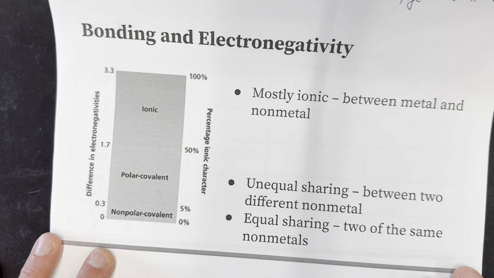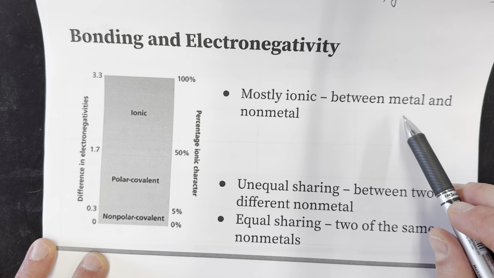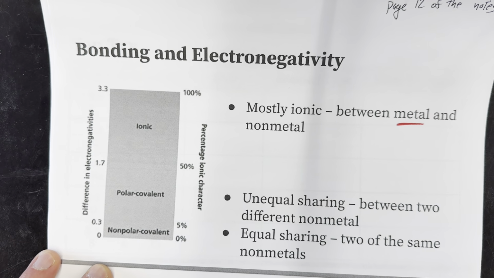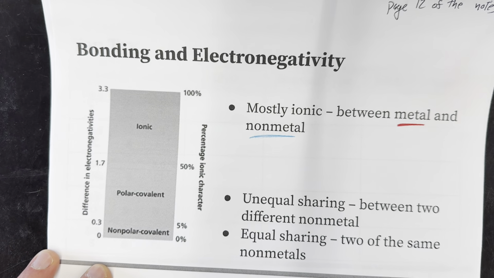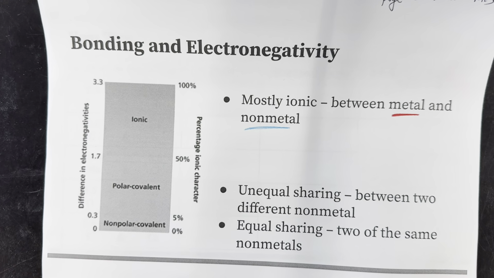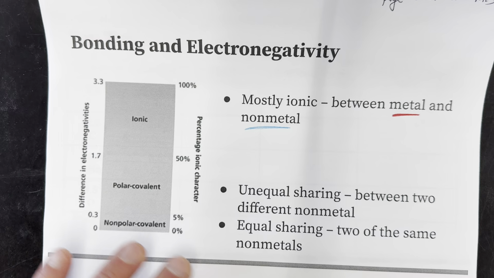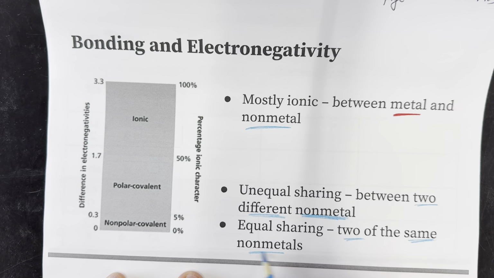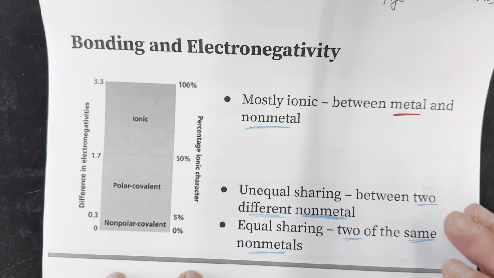Which is basically what's written here. So we have mostly ionic between a metal and a nonmetal. Usually metals are on the left side of the periodic table, and nonmetals are on the right side. Then we have the unequal sharing, which is polar covalent, which occurs between 2 different nonmetals. And then we have equal sharing, which generally occurs between 2 of the same nonmetals, although not always just 2 of the same, but a lot of times it is.